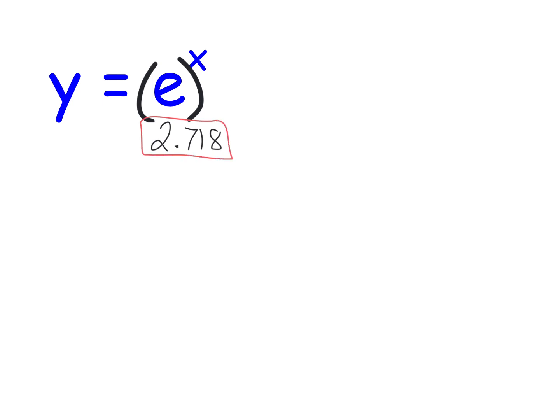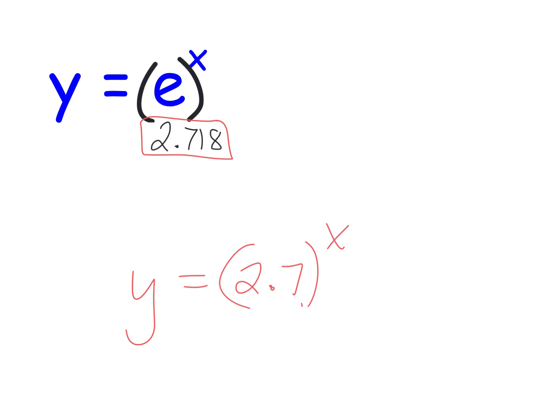It's just a decimal. You're supposed to memorize E, just like you're supposed to memorize pi. Okay? So if I show you y equals e to the x, you can totally replace that with about 2.7 to the x. E is a decimal that we already know.